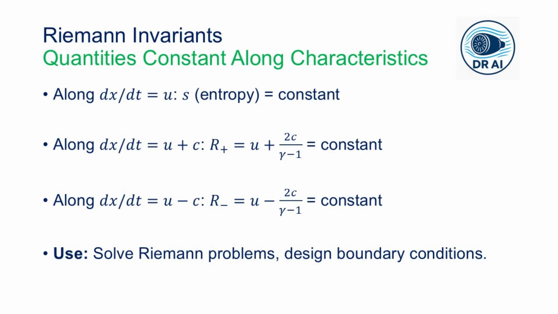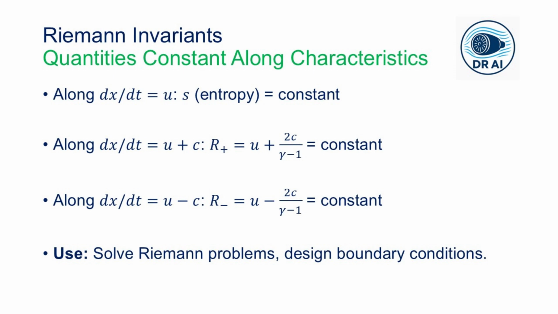While for lambda 2 equals u plus c, the derivative of it would be equal to 0, which means that R2 equals u plus 2c divided by gamma minus 1 equals constant, while for lambda 3 equals u minus c, the third Riemann invariant would be u minus 2c over gamma minus 1 equals constant.